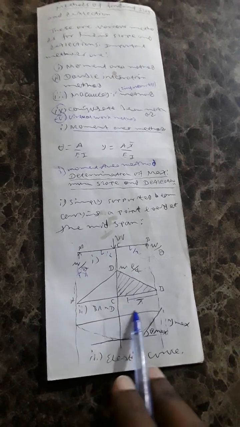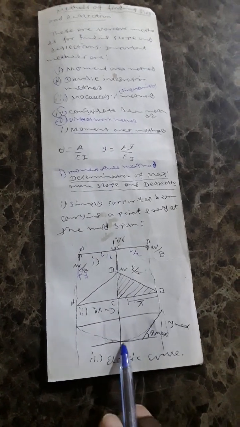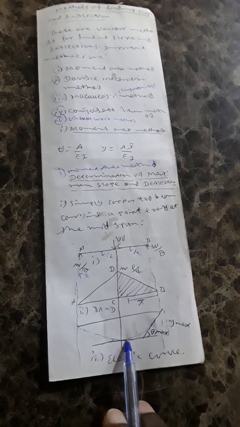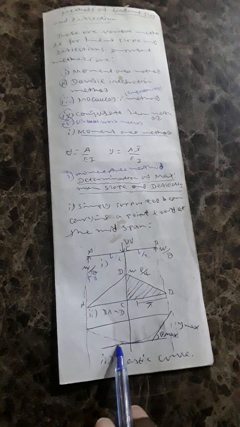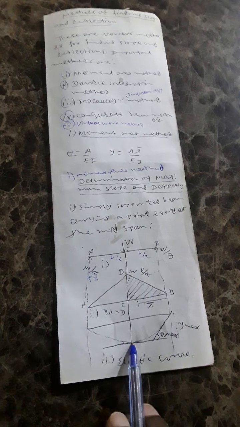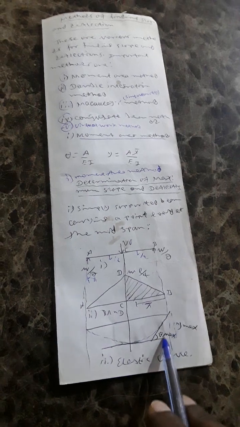This horizontal is the tangent at this point, so from this tangent to this horizontal there is no angle, no slope. Slope at this point is 0.